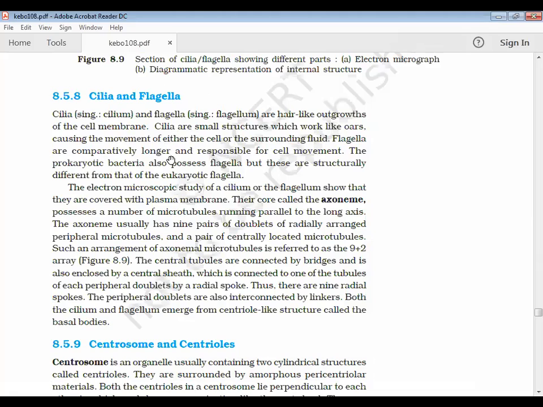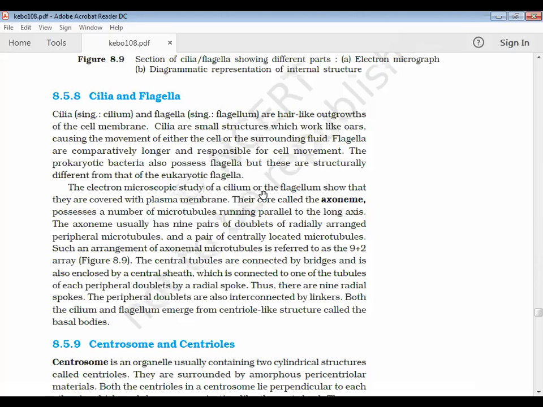The flagella are comparatively longer and responsible for cell movement. The prokaryotic bacteria also possess flagella, but they are structurally different from that of eukaryotic flagella.